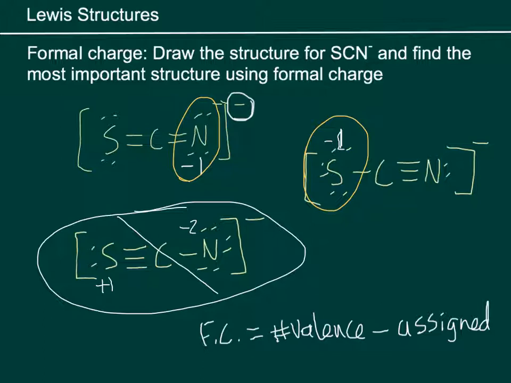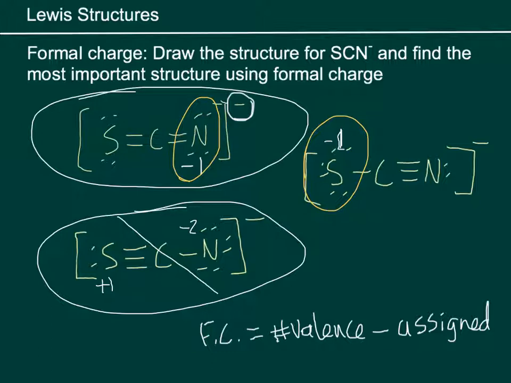If you think about it, the more electronegative an element, the better it will hold electrons, and therefore the more likely it is to be assigned an extra electron. In that case it's nitrogen, so this one is far and away the most likely. That doesn't mean you may not have some resonance to the other one, but this is probably the one you want to look at first and consider as the best structure.